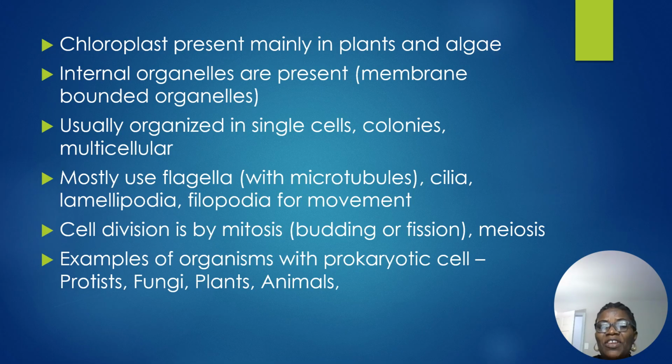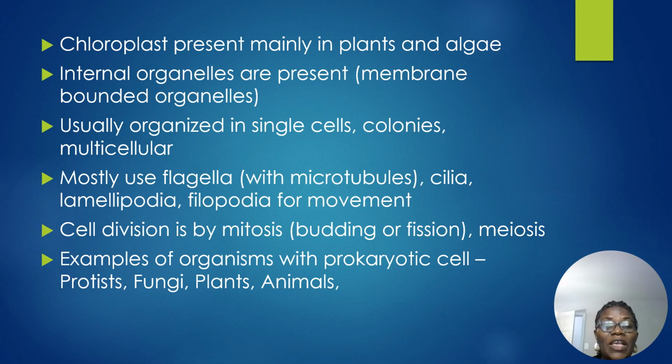So we have different types of structures which the cells or organisms that possess this type of cell can use for movement. Cell division here is by mitosis, like budding and fusion, and also by meiosis.